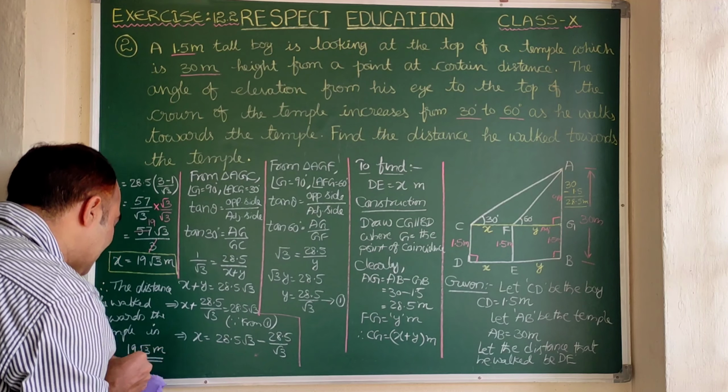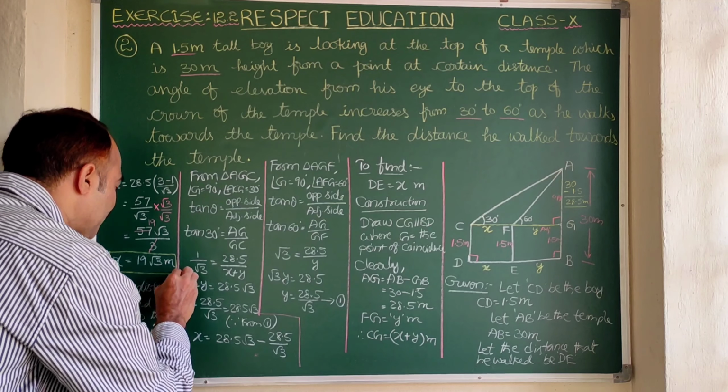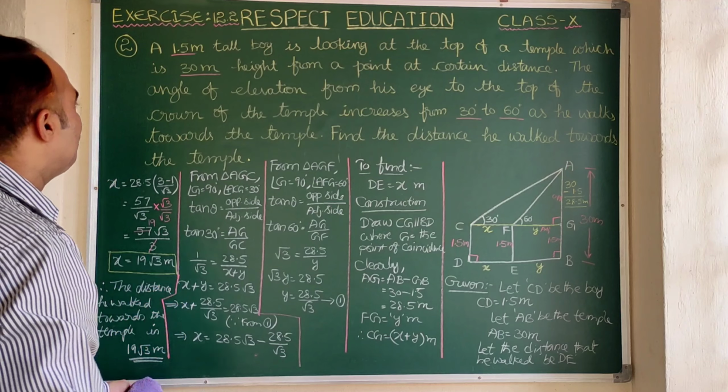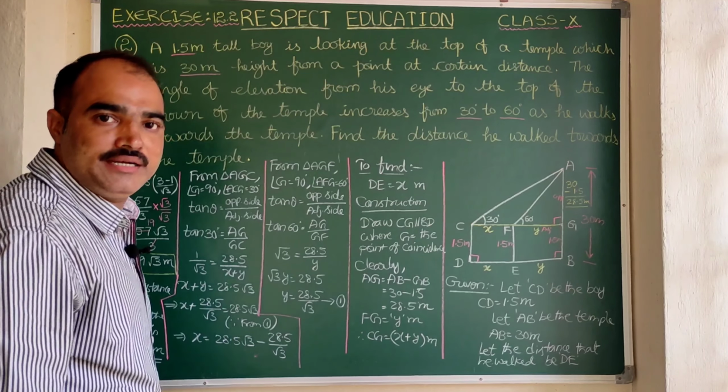This is the distance walked by him. So here with this problem 2 gets completed.